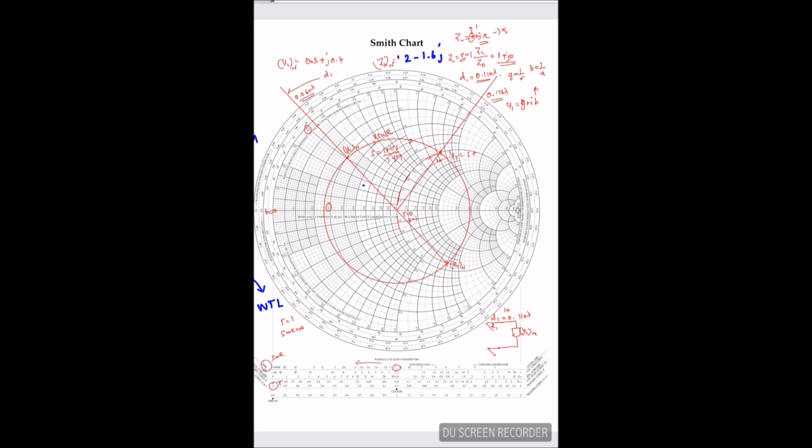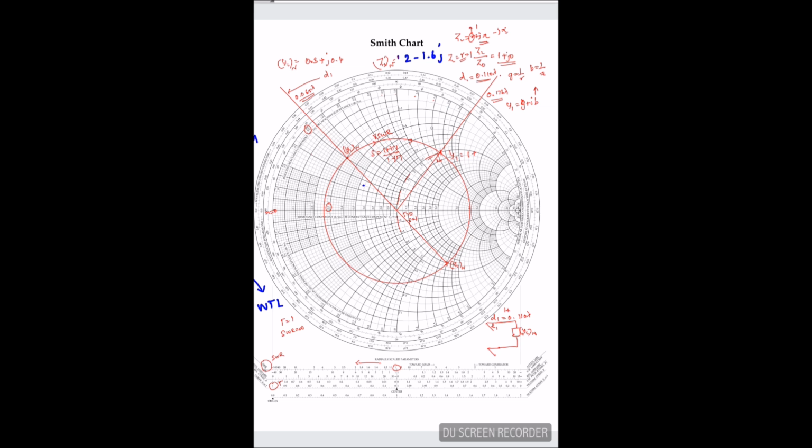susceptance. The value of susceptance here I can read out. You can see that this is also a capacitive susceptance and also becomes the inductive reactance, so we can also read that directly from the reactance scale. This is 0.9, 1.0, this is 1.2, 1.4, and this point is between 1.4 and 1.6.